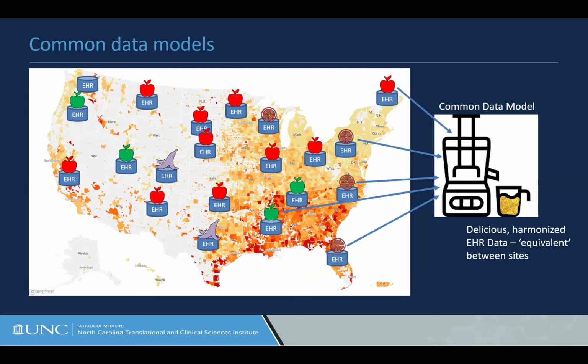You have all of these many different varieties of delicious fruits all across these many different hospital sites. The common data model is like your juicer, which can input and then combine and output a standardized product that is enjoyable by all without having to worry about the differential minute pieces between each.